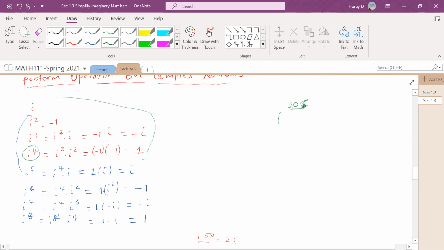So we know this one doesn't divide 4. So I have to write this one as 204 plus 1. This one divides 4 without remainder, but this one doesn't. So this is 1, and that's just i. Therefore, i to the power of 205 is just i. You don't have to distribute all those one by one.